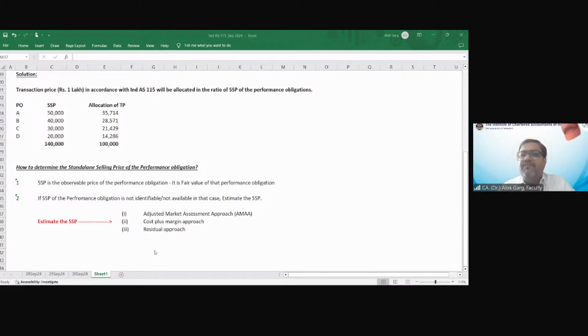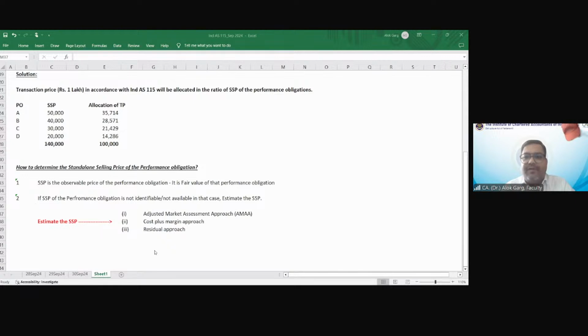The selling price for your competitor is 5,000 rupees. Probably for you it will be 5,500 rupees, because the stabilizer will cost you more in comparison to your competitor.